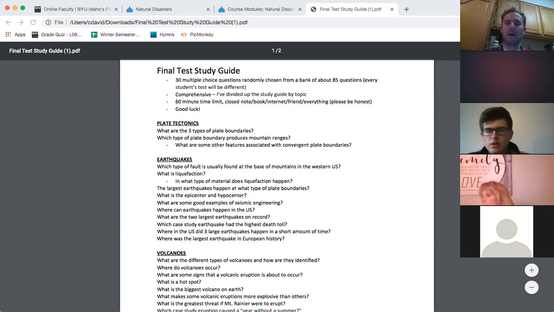Now that we've talked about those different types of faults, which type of fault is usually found along the base of mountains in the western United States? Can anyone think of one? This is kind of a harder question. Isn't it just a normal fault? Yeah, exactly, Caleb. It's a normal fault.